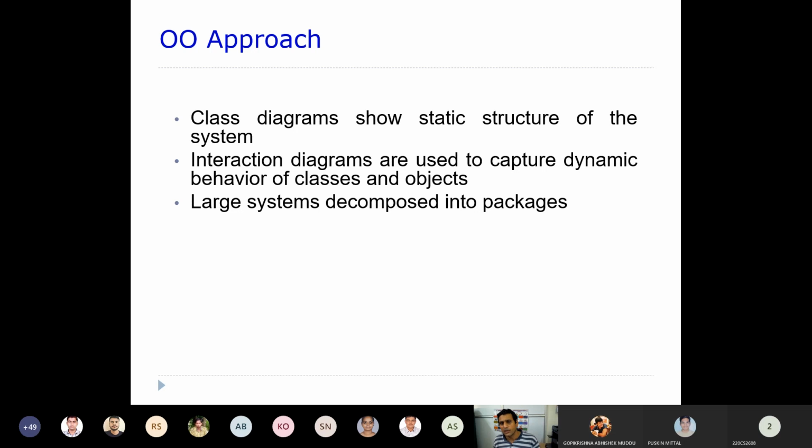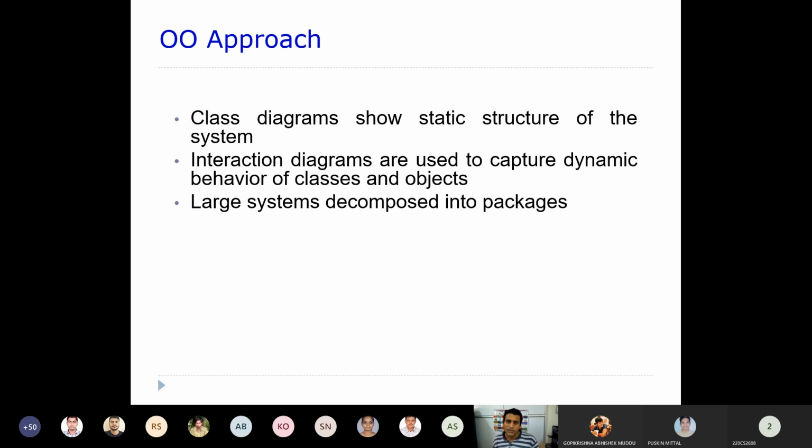There are UML diagrams; we'll talk about them. When you talk about any class diagram, it shows the static structure of the system. That means the classes and entities, and how these classes are connected to each other, will be defined there.